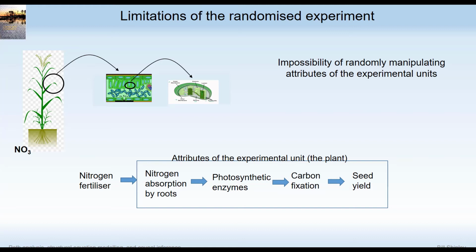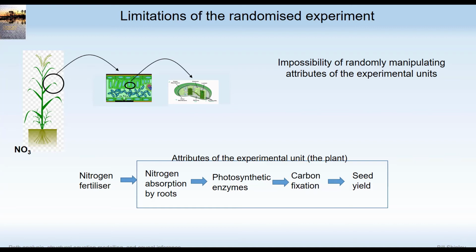So the logic of the randomized experiment requires that we be able to randomly assign different levels of our treatment variable independently of any attributes of the experimental unit. So in our fertilizer experiment, the treatment variable was the amount of nitrogen that we dissolved in the water and added to our plots. And we can certainly randomly allocate the amount of nitrogen that we add to our plot.